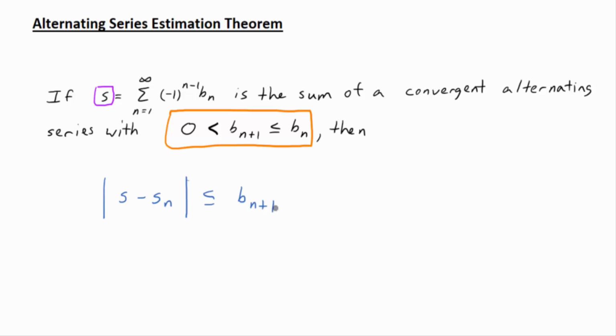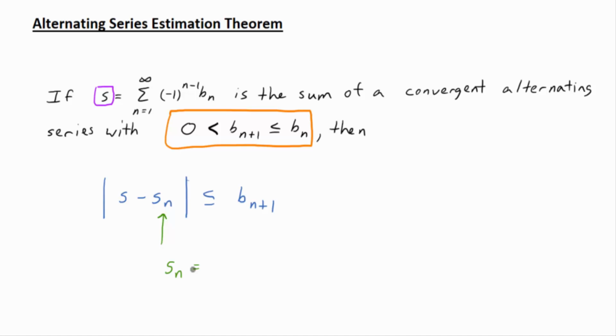So do you remember what Sn is? Sn is not the same as S. S would be the sum of all the terms of the infinite series if that were possible to do. In reality, it's not possible to sum an infinite number of terms, is it? So the best we can do is estimate S, the sum of all the terms in the series, with the nth partial sum, and make n big.